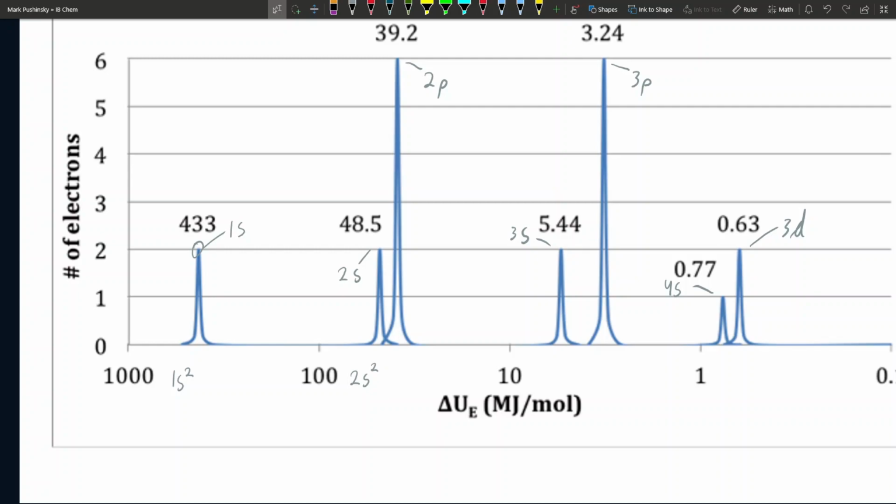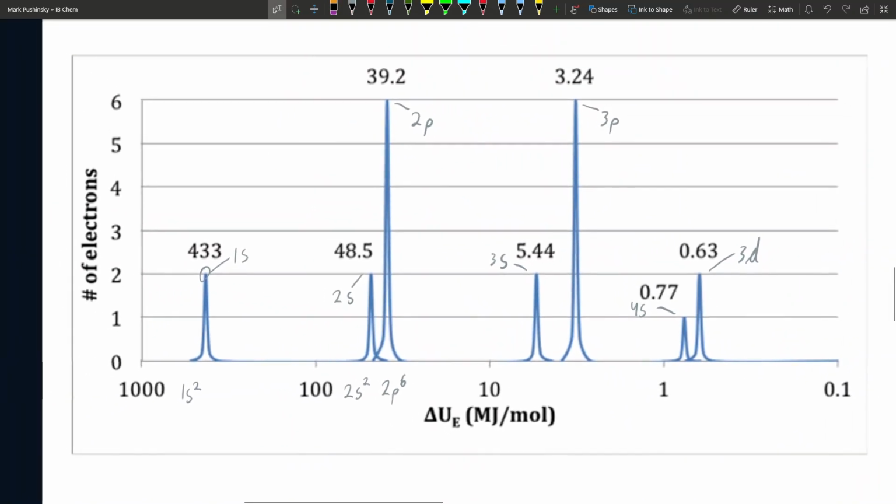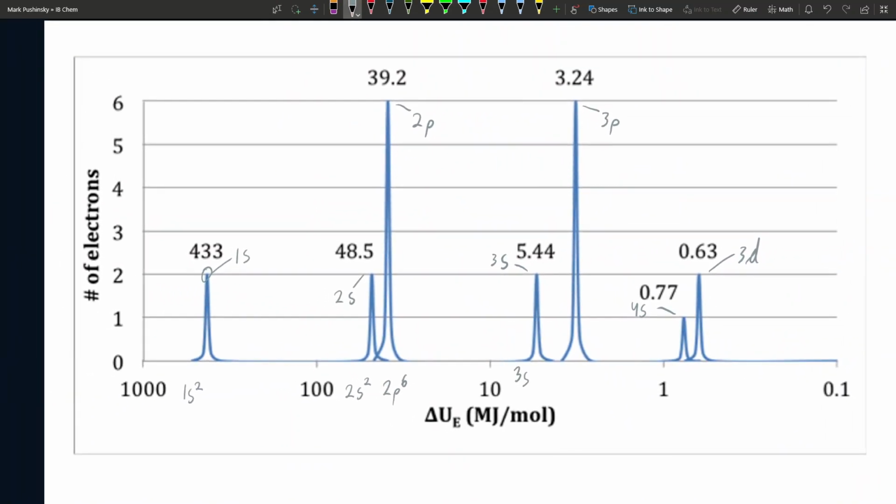We know that because otherwise this peak would overfill to here if there were 7 electrons, for example. But we know it's filled to the max because the p subshell can hold 6 electrons max. So that is going to be 2p6. Then the fourth one is 3s2. The fifth one is 3p6, again because it reaches 6 on the y-axis.